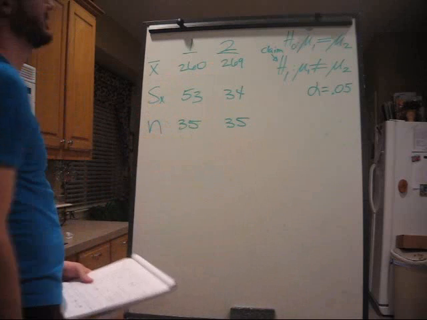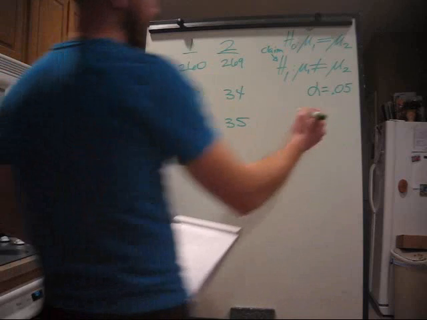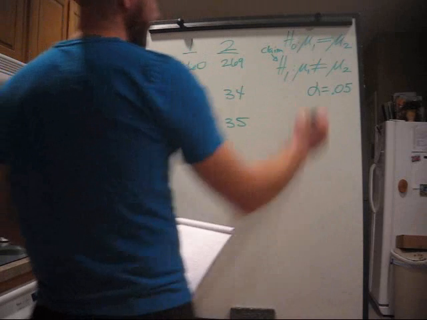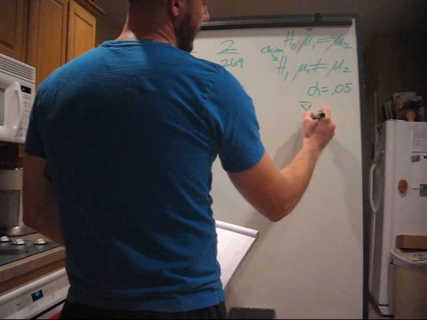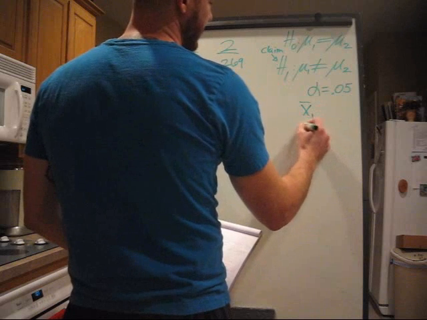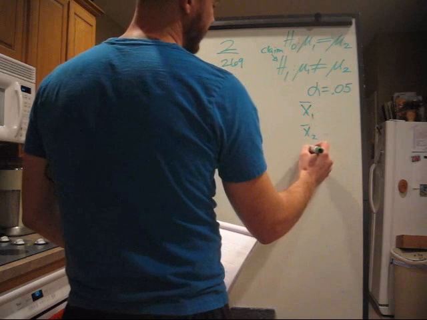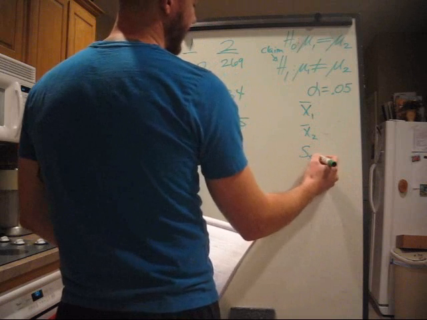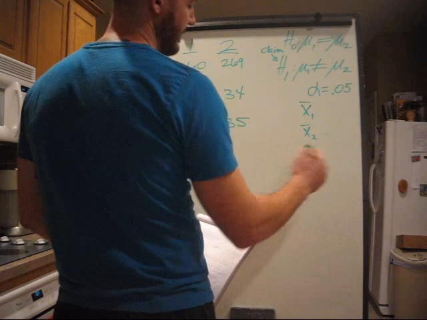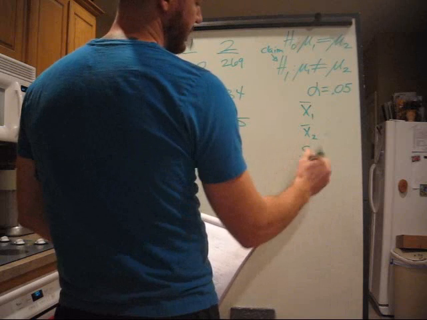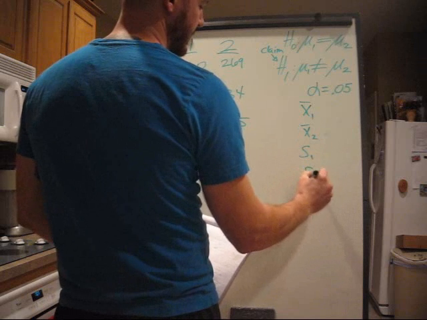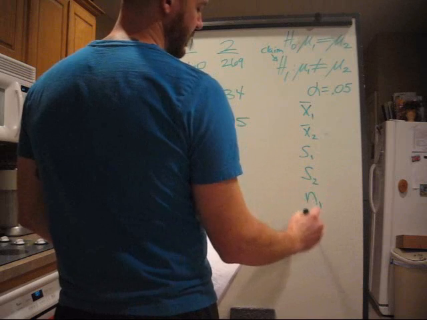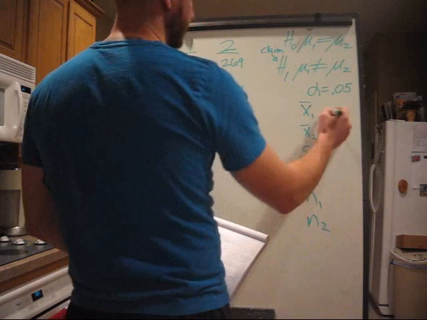Anyway, we'll use these numbers and call them x bar sub 1, x bar sub 2, s sub 1, s sub 2, n sub 1, n sub 2.